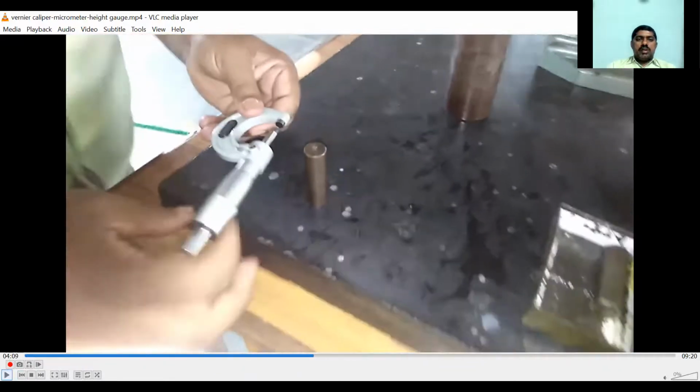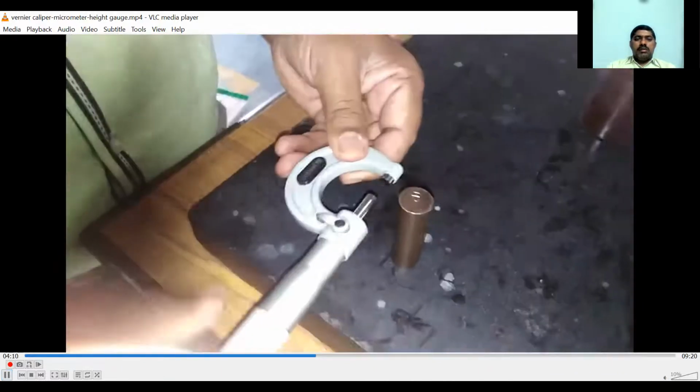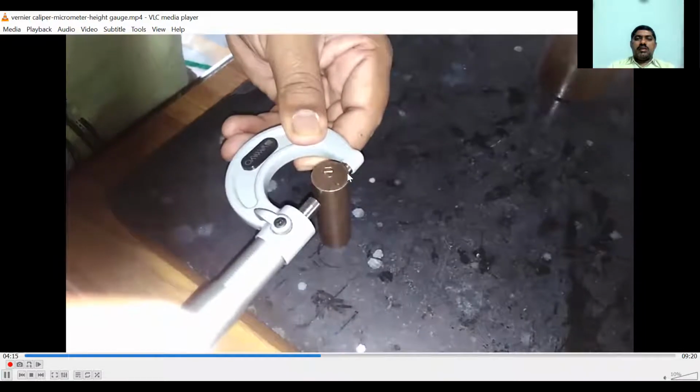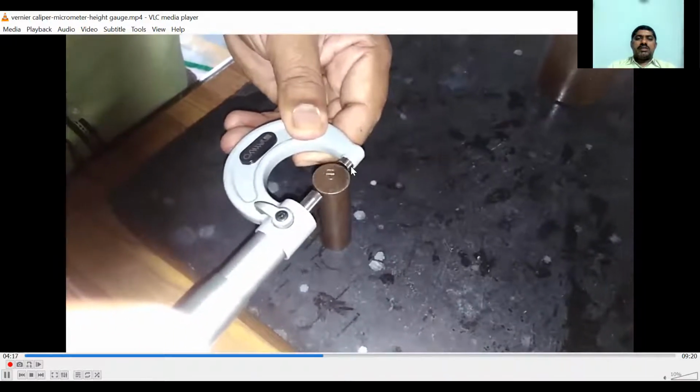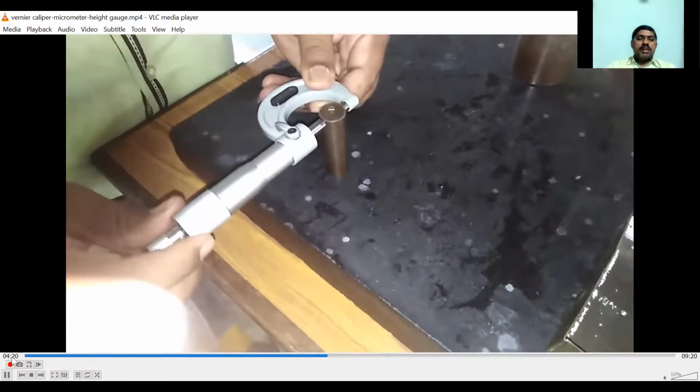Next, this is the micrometer, which can be used for measuring the outside diameter of the cylindrical workpiece. Now the workpiece is placed in between the fixed anvil and the movable spindle.